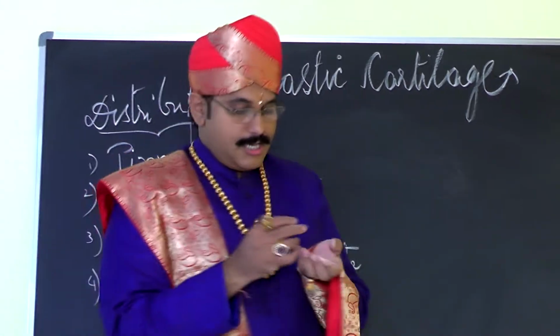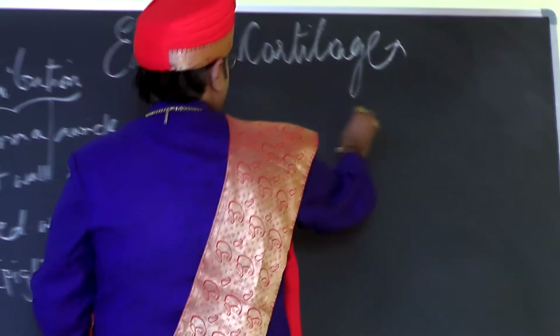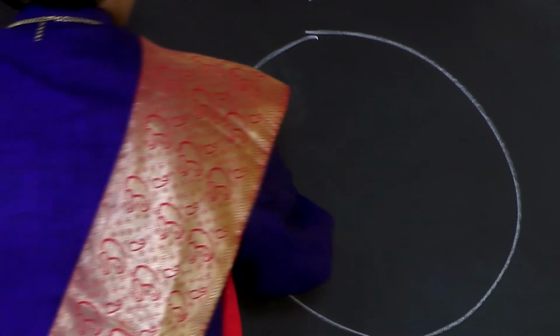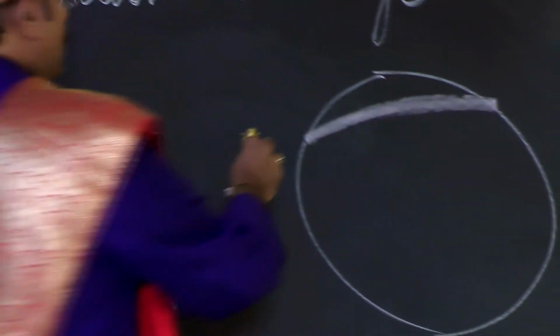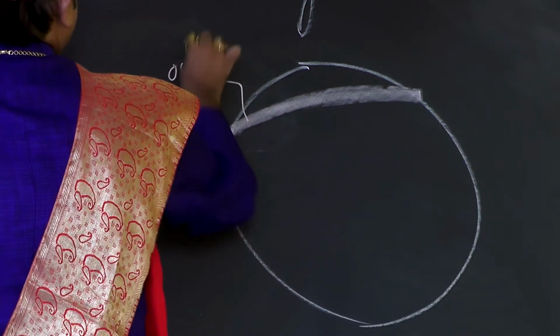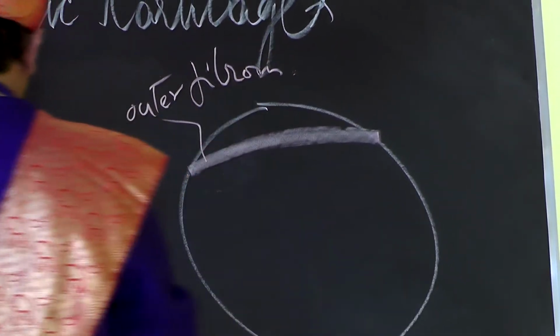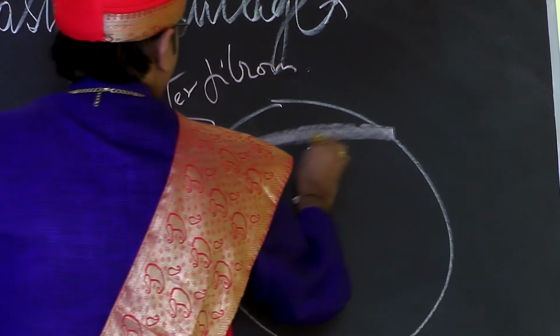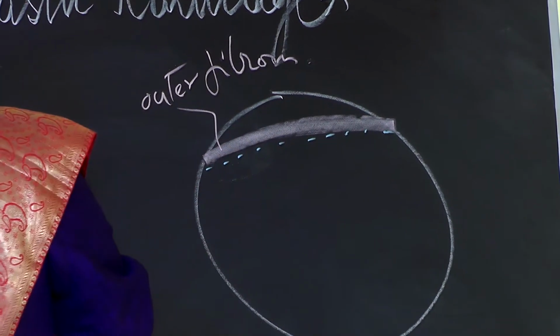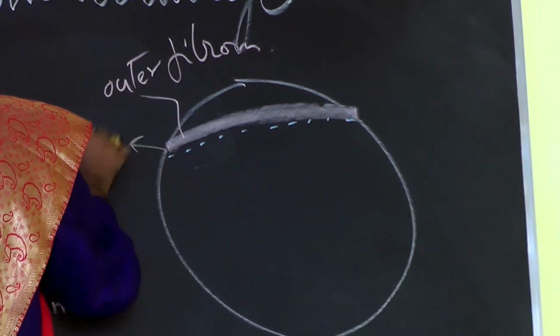If you see here, the elastic cartilage has perichondrium, and the perichondrium has two layers. The outer layer is fibrous and the inner layer is cellular. Here you have the nuclei of the cells drawn.